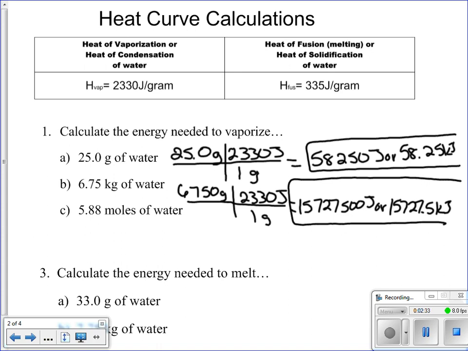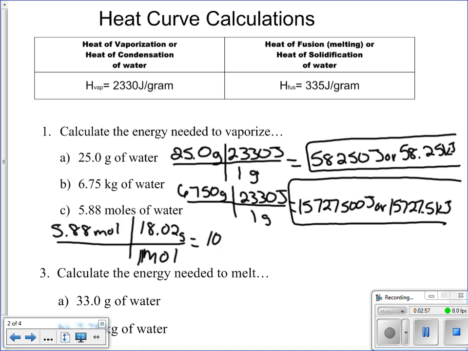And then for the third one, 5.88 moles of water. So the first thing we have to do is convert moles to grams. So going back all the way to chapter 3, we look up the molar mass from the periodic table for water, and it is 18.02 grams. So then that gives me 105.96 grams of water.